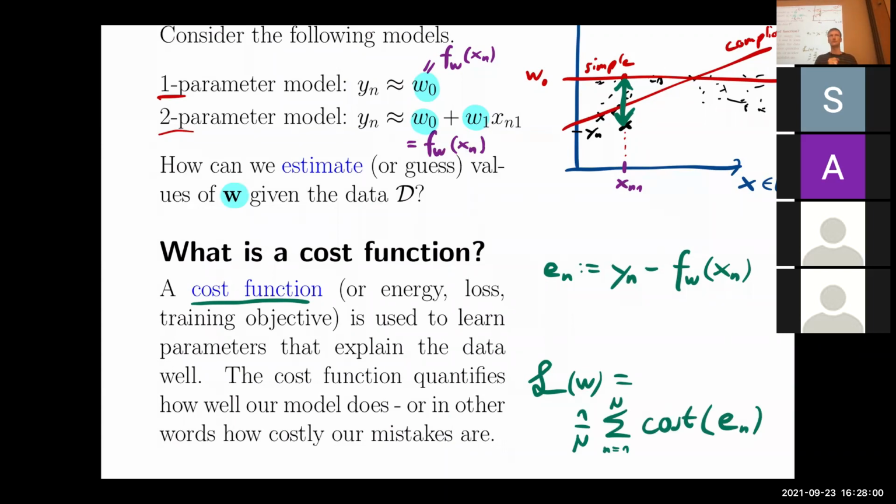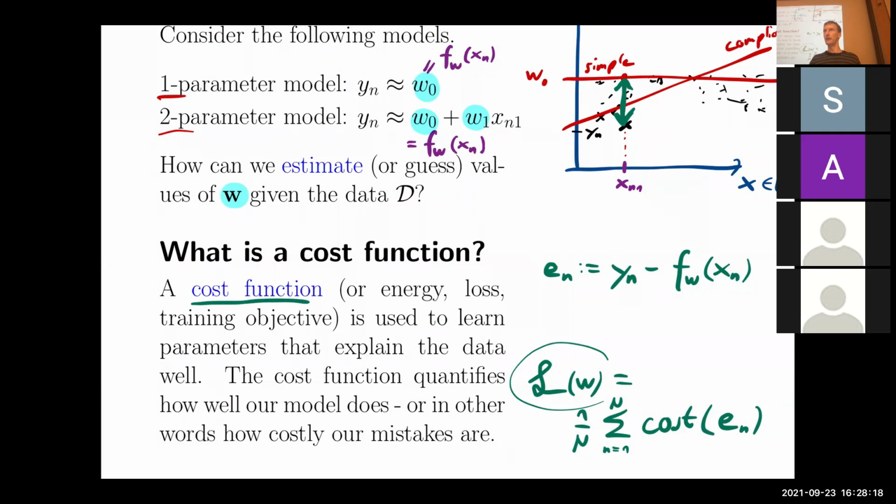Does this make sense? So whenever you predict some number, it could be too high or too low. And if you want to punish this differently, how much you are too high or too low, that's what the cost function does. And later we're going to use this to find a good model. That's what we're going to use to do the training.